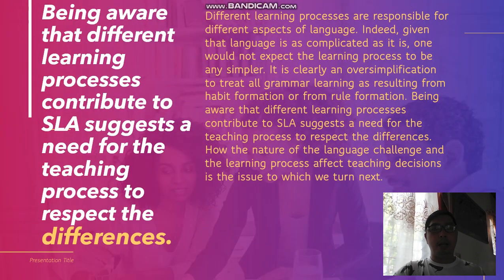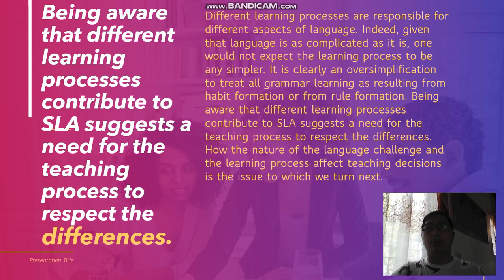Let's move on. Different learning processes are responsible for different aspects of language. So different learning processes are responsible for different aspects of learning. Indeed, given that language is as complicated as it is, one would not expect the learning process to be any simpler. So it's not really simple.